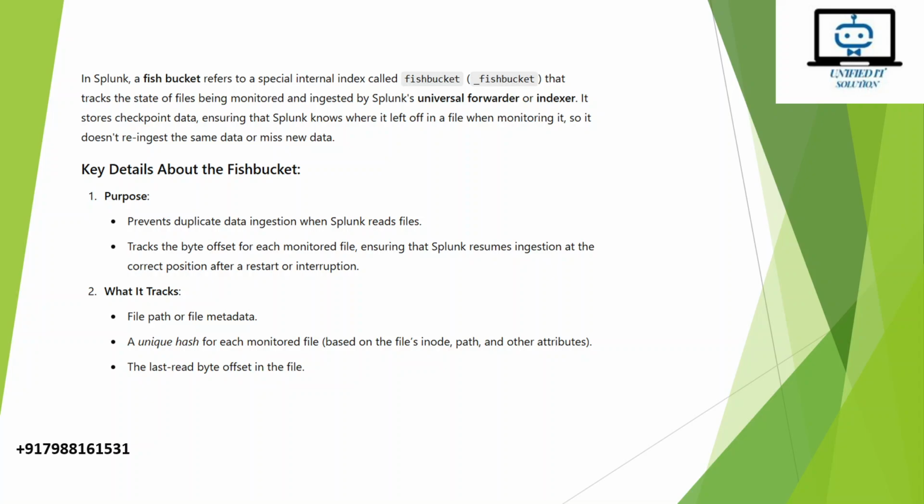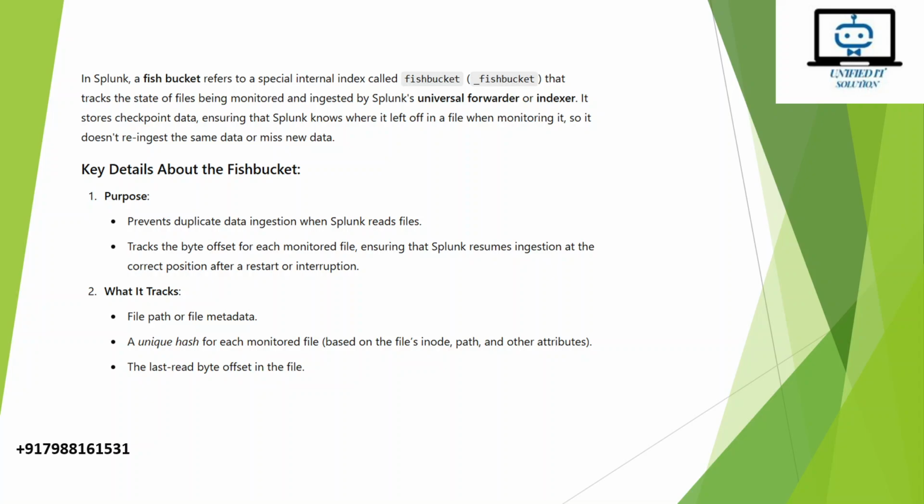So this bucket keeps track of files that are currently being monitored or that have already been monitored. It keeps track of all the files on indexers and universal forwarders.